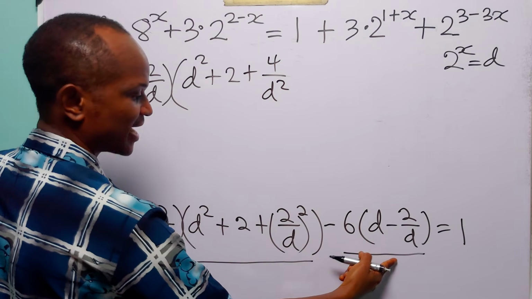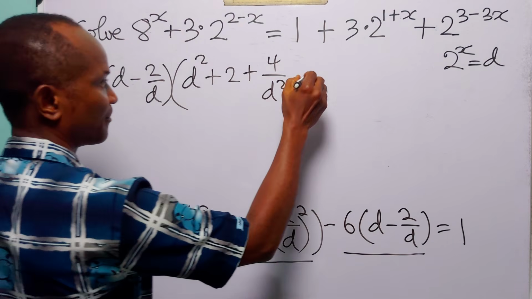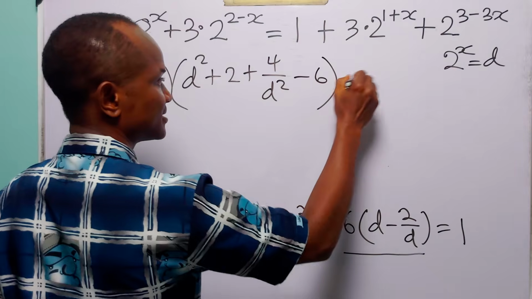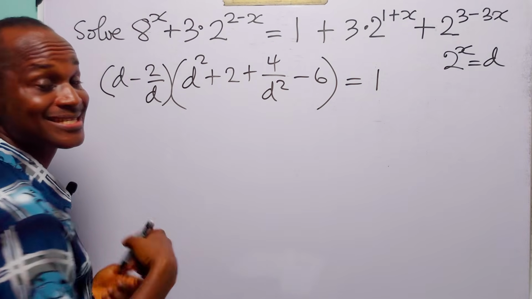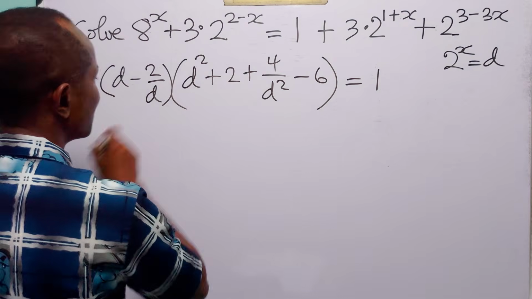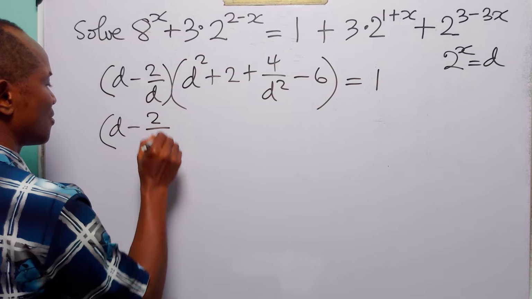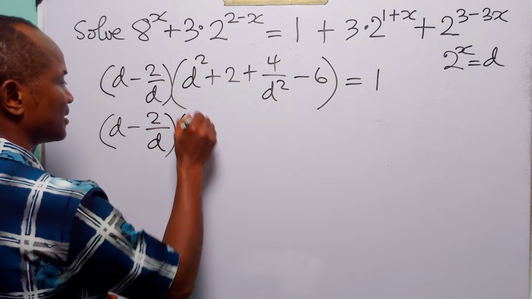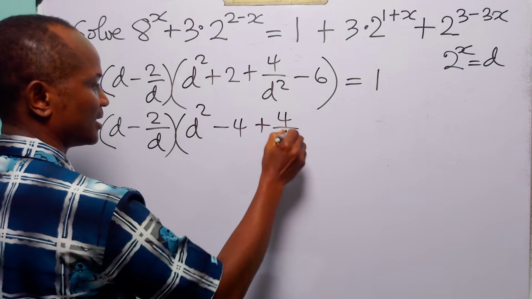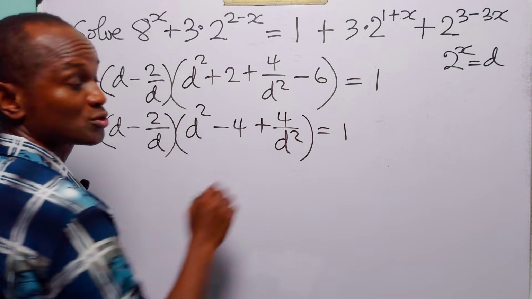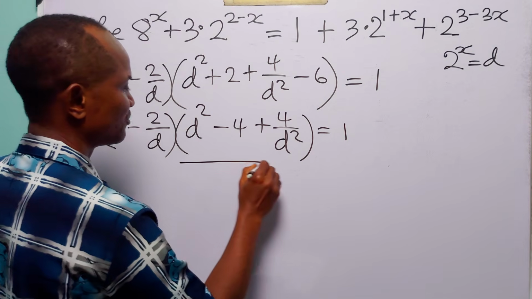And when you divide this second term by d minus 2 over d, we have minus 6. 2 minus 6 is equal to minus 4. So from here we have d minus 2 over d times d squared minus 4 plus 4 over d squared is equal to 1. Now we can factorize this using the table method.